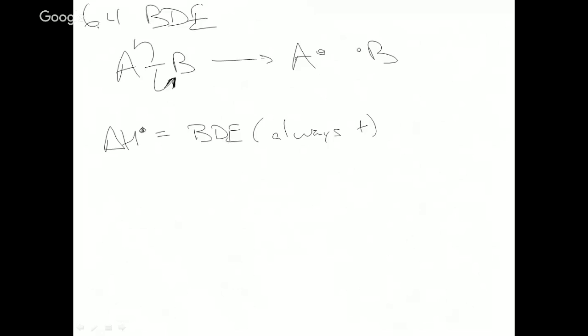So the delta H can be positive or negative for reactions. Let me just step back. When I said always positive, I want to clarify that. Bonds by definition have formed to save energy.